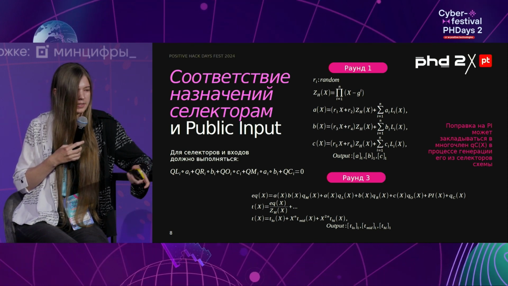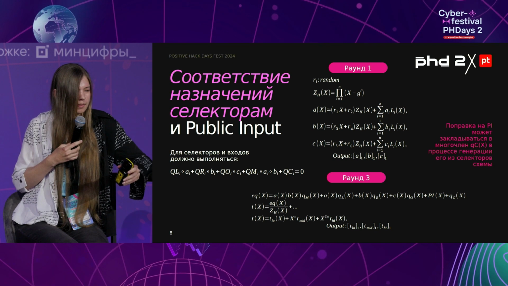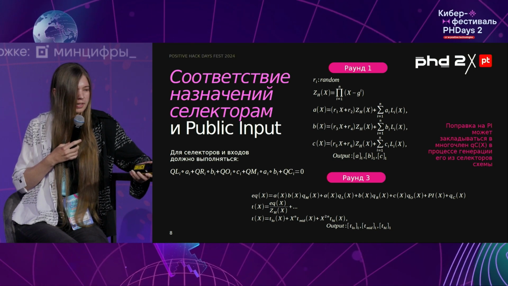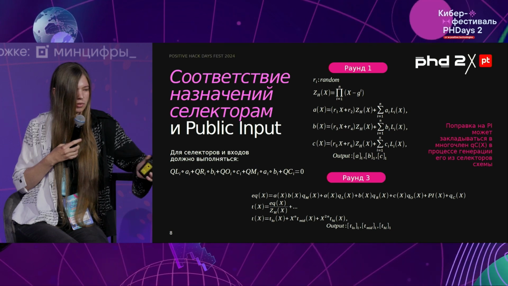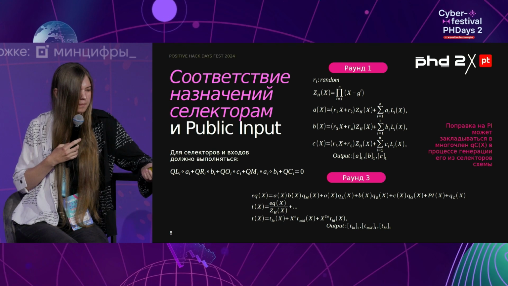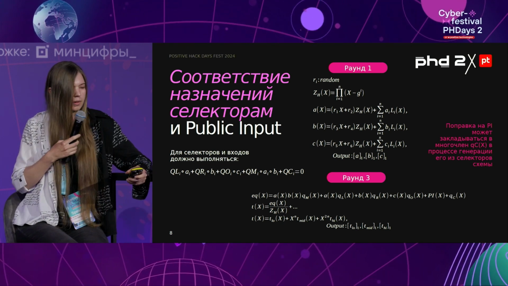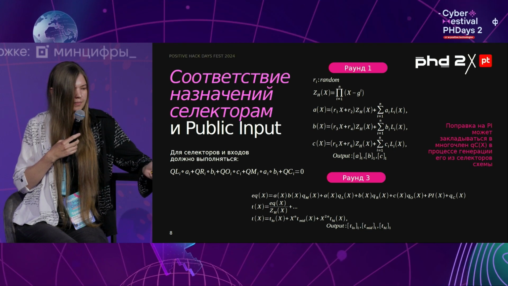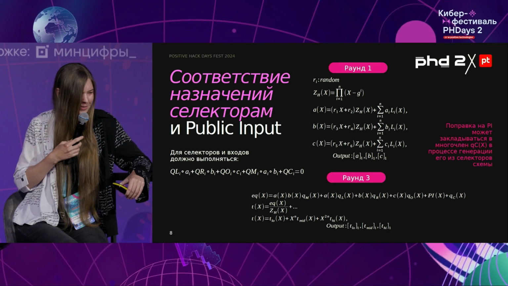So the first task is to prove that the selectors meet the public input. You know that for selectors, for the input and output, we need to run the following ratio. I cannot show it to you right now, but it's the equation.